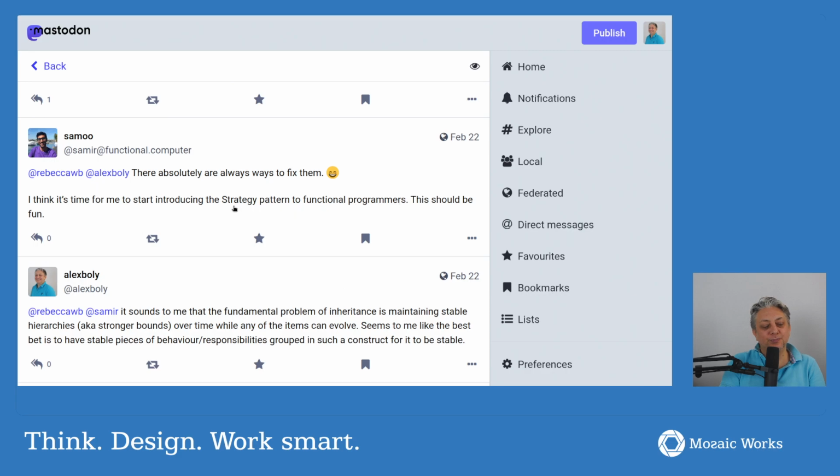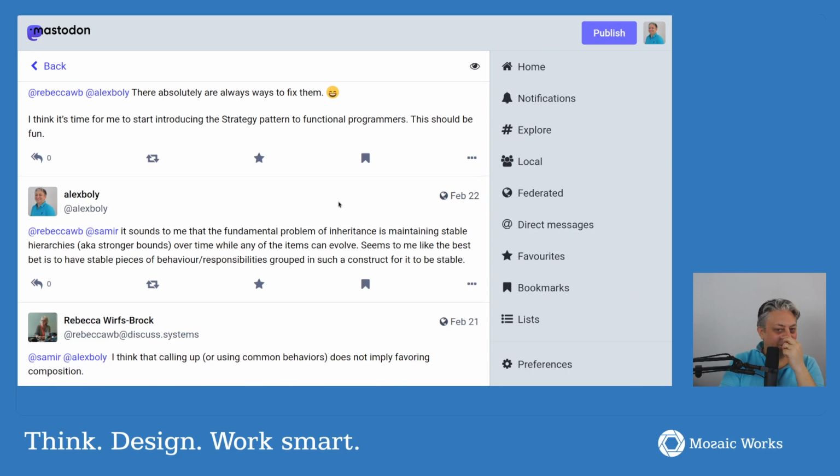So perhaps the challenge here is learning some of the behavioral patterns when what you have is programmers who are data-centric. Maybe that's the challenge. Could be, I don't know.